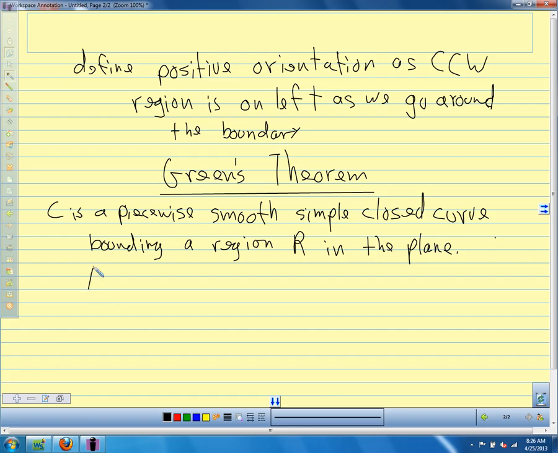And we have these functions M of x,y and N of x,y, which are continuous and have continuous first partials.